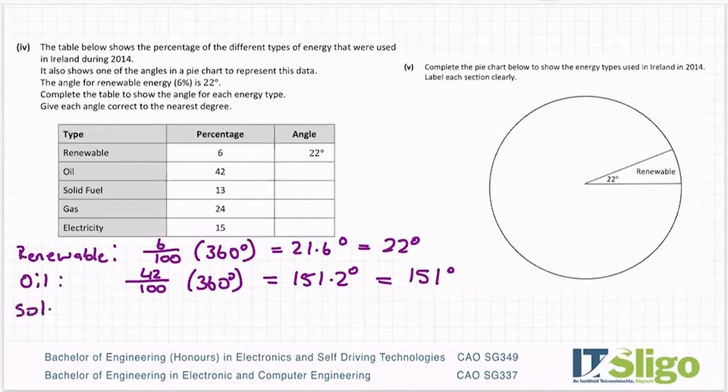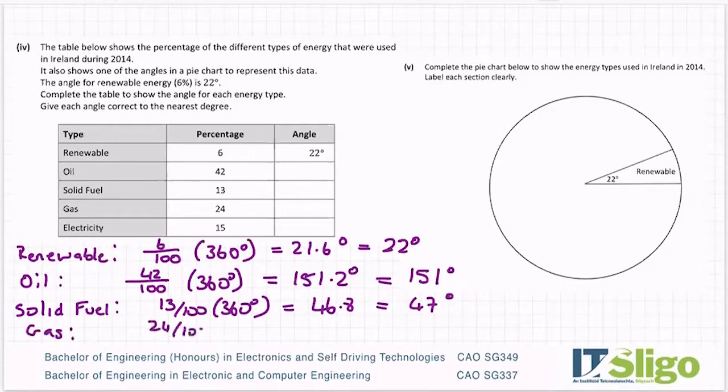Okay, solid fuel is 13 out of 100 multiplied by 360 degrees, and I am getting 46.8 or 47 degrees. I then have gas, and of course that's 24 out of 100 times 360 degrees. And that works out at 86.4, which is 86 degrees.